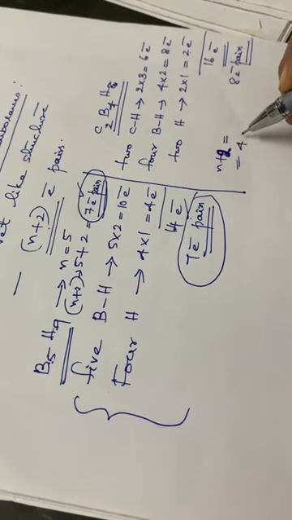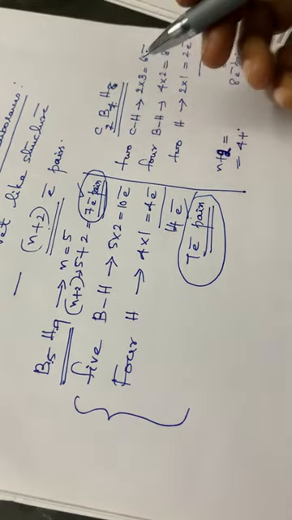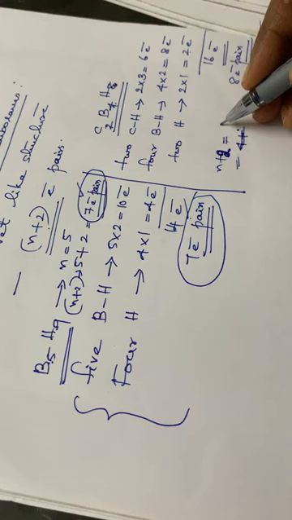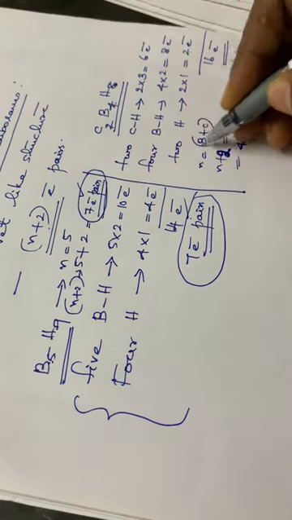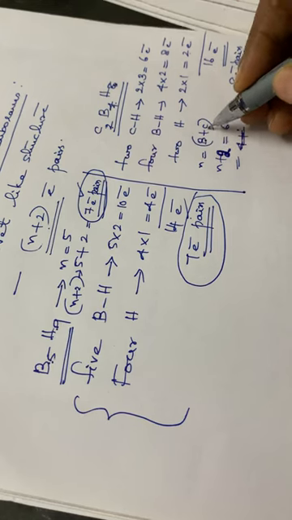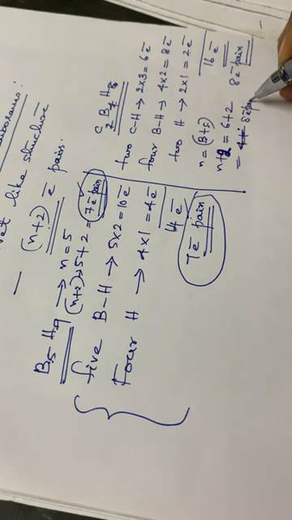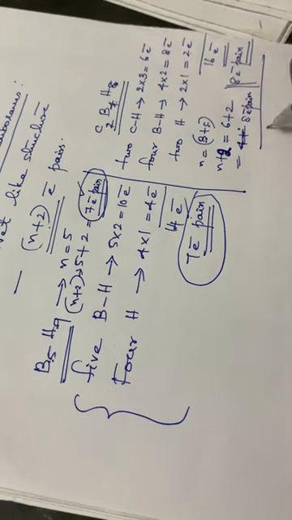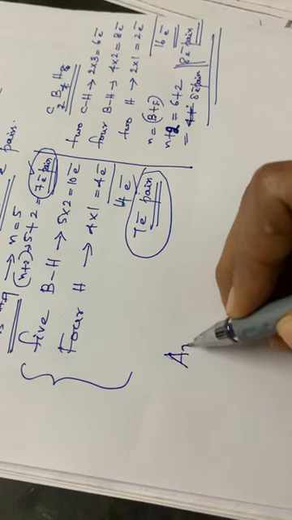The formula is N plus 2. Number of boron 4 plus number of carbon 2, so 4 plus 2, 6. 6 plus 2, 8 electron pairs. Okay, so we have obtained the same, isn't it? Then the next is the case of arachnoboranes.